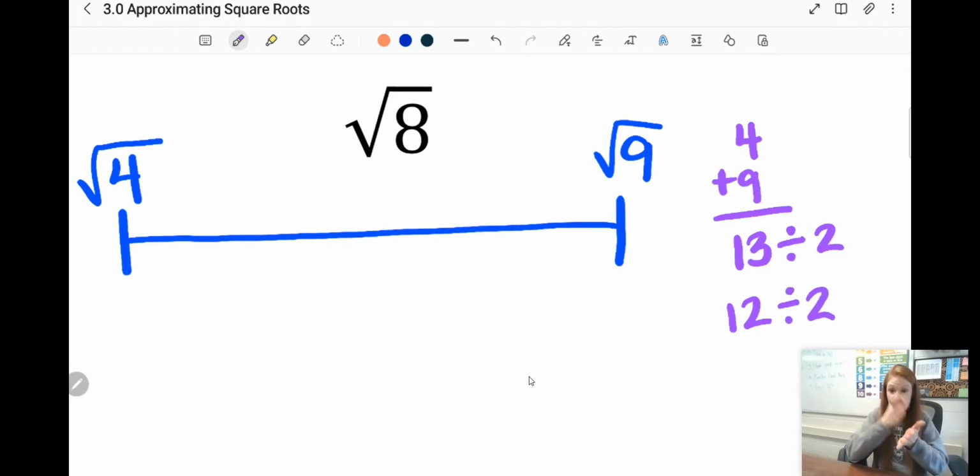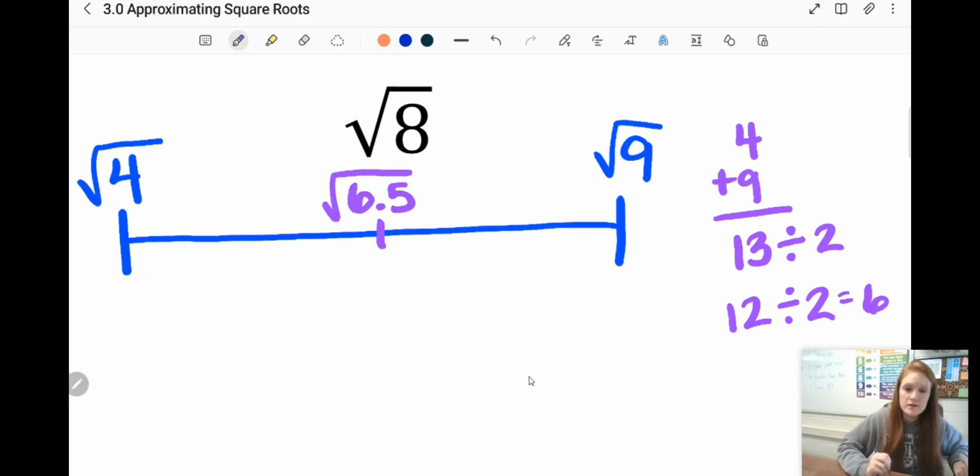If I cut 12 in half, what would I have? I would have 6. And to go one higher, that means our halfway point is 6.5. And that's the square root. Okay, so I'm taking one number lower so it's even, and then all I have to do to go one number higher is add that halfway point on it, 0.5.